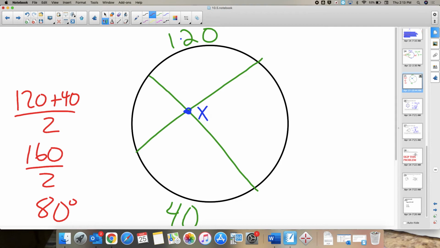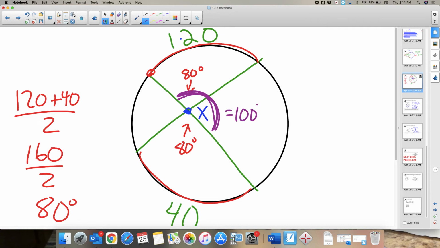The arcs that we're looking at, they are made by these angles here. So it is these angles that are 80 degrees. Okay? And then remember, those linear pairs, a pair of angles that form a straight line, must add to 180. So that makes x 100 degrees. Make sure you are matching up the correct angle to the correct arc.